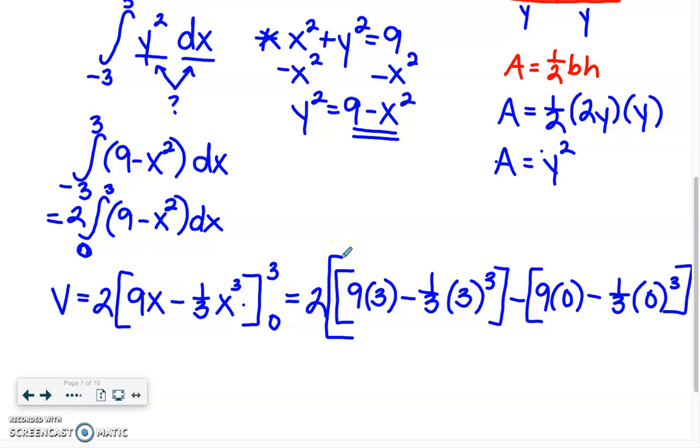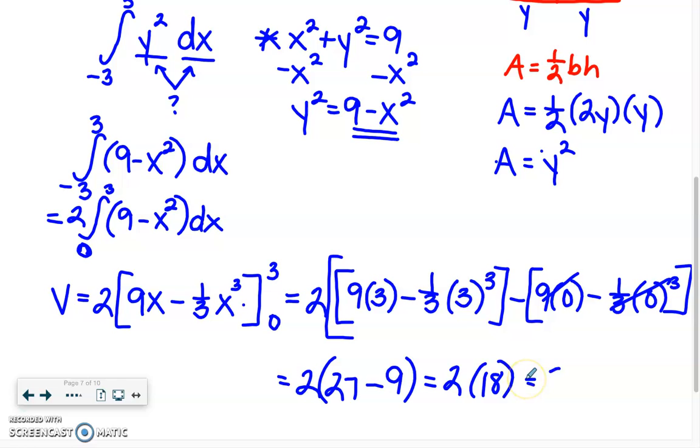I'm not doing a very good job with my brackets and stuff, but you get the point. Plugging in 0 gives you 0 and 0, so those would just be gone. So I just need to do 9 times 3, which is 27. 3 to the third is 27, times a third would be 9. And this would give me 2 times 18, which is 36. So your volume would be 36.